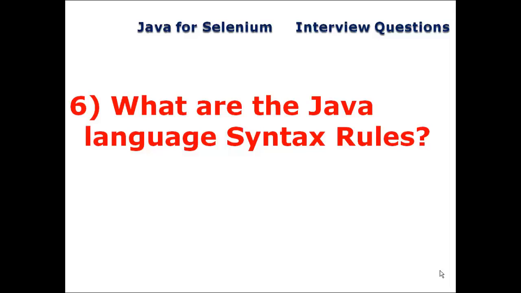Public static void main, parameters string args. Java program execution starts from main method, which is mandatory in every Java program. Every statement should end with semicolon symbol.